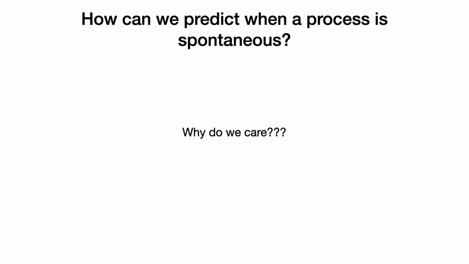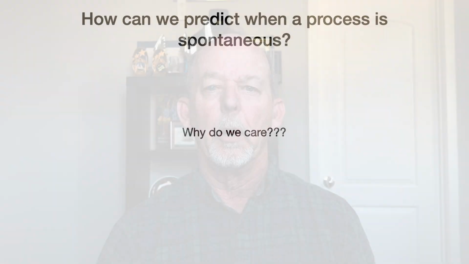So how can we predict when a process is spontaneous? And why do we care? We care because we want to understand the processes around us, and we can define active or passive transport by better understanding of this thermodynamic process.